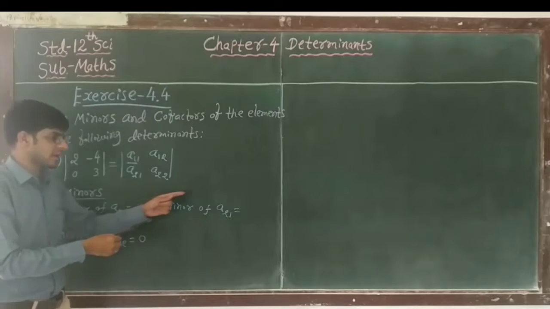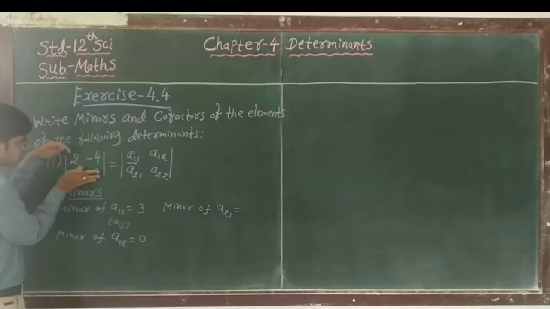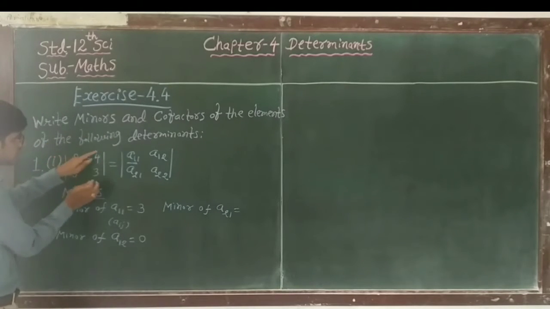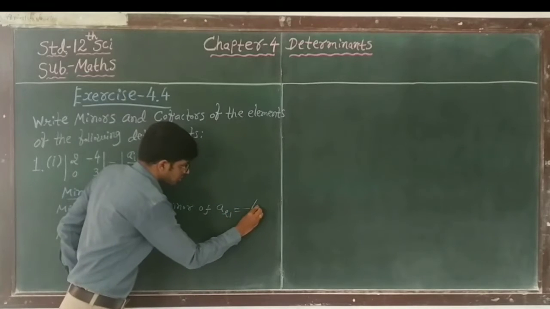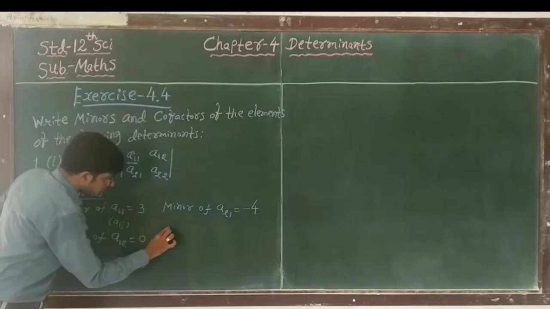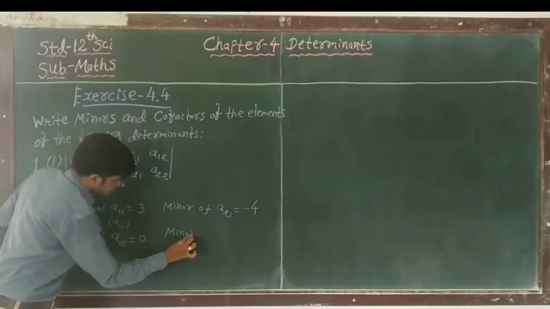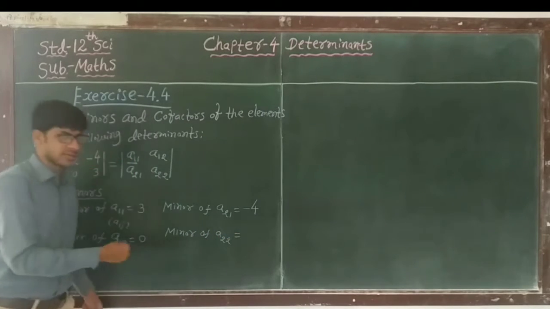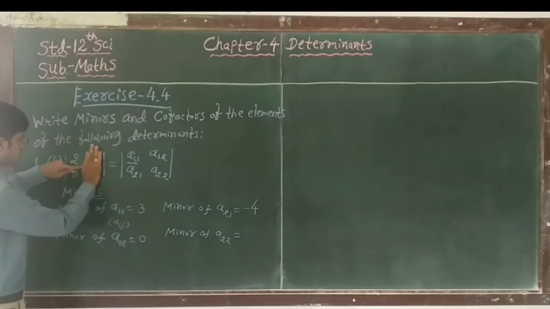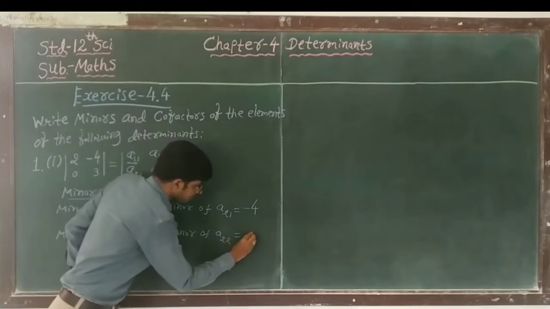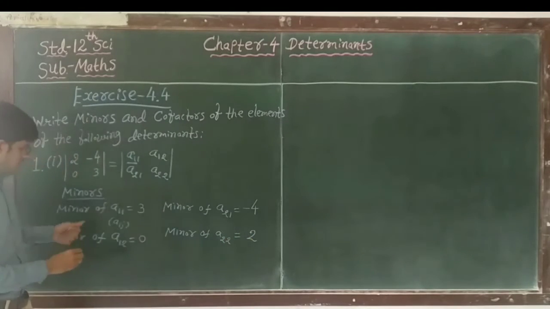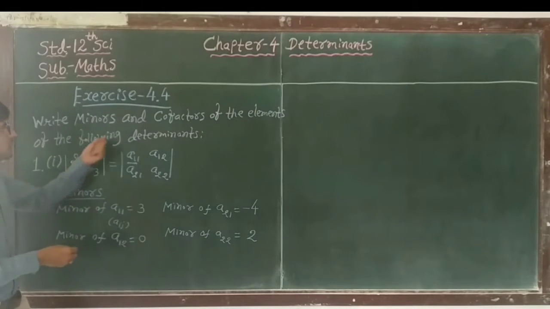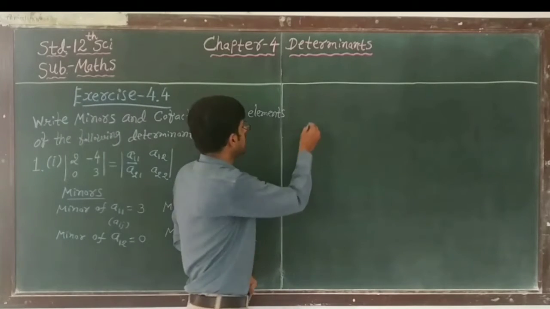We have to remove the second row and first column. It gives minus 4. The minor of A22 means we remove the second row and second column. It gives 2. Is it clear?